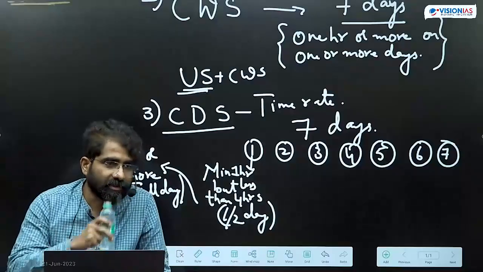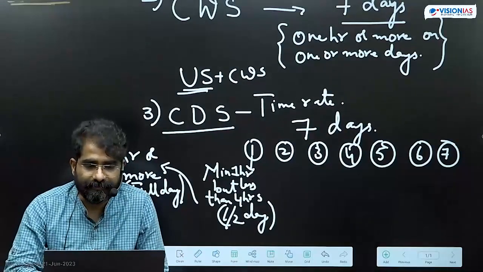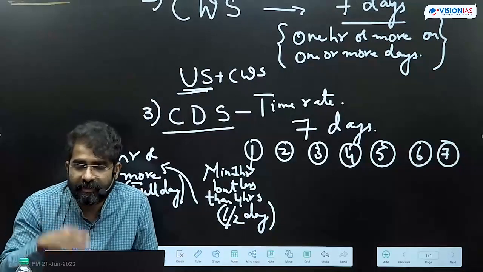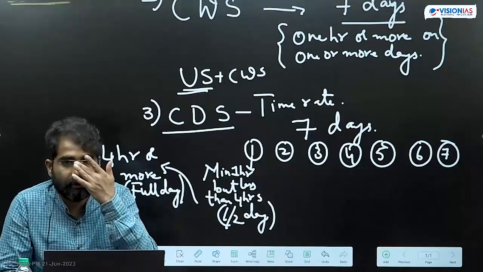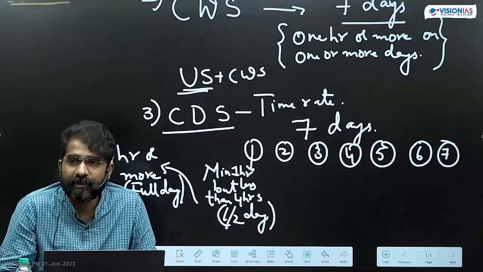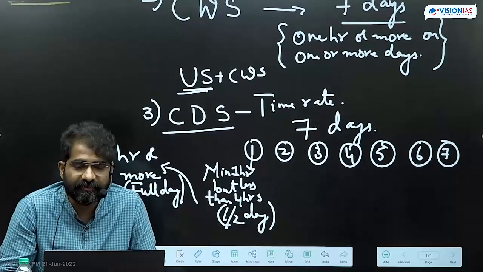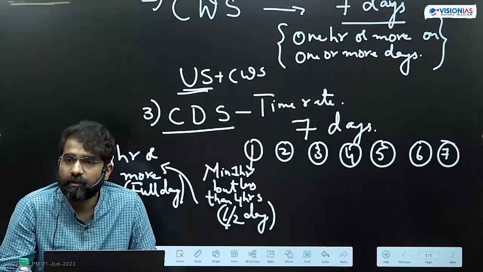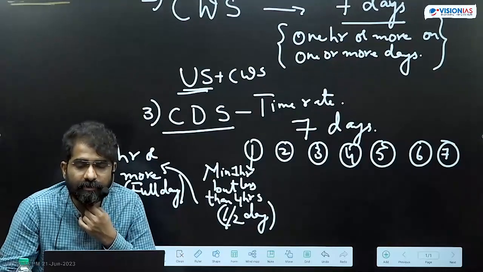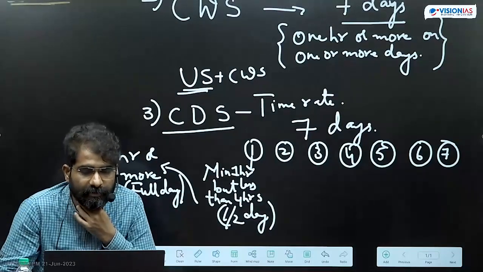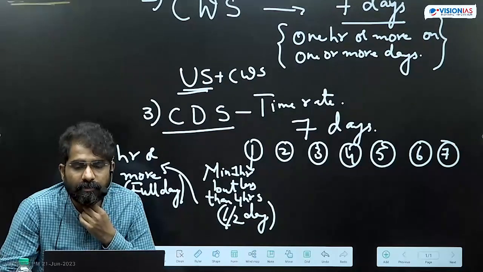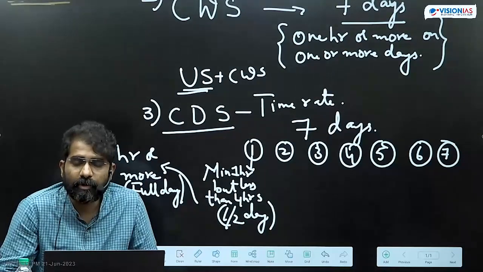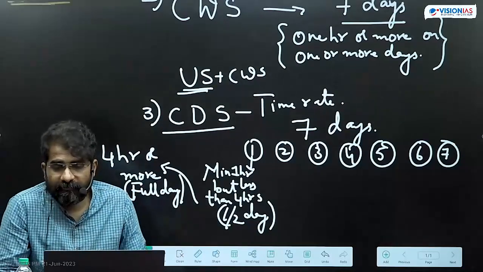First one, usual status. With a reference period of 365 days preceding the date of survey, a person is considered employed if he is engaged in an economic activity for a long term period.